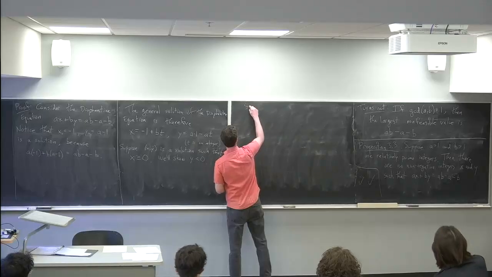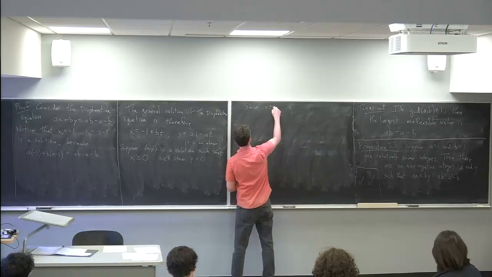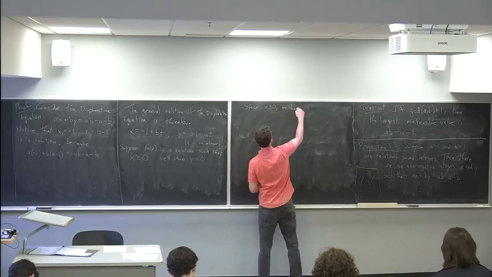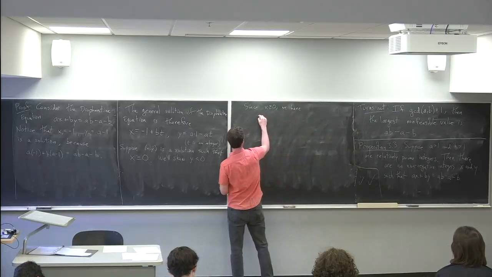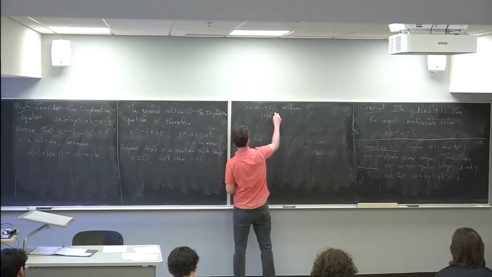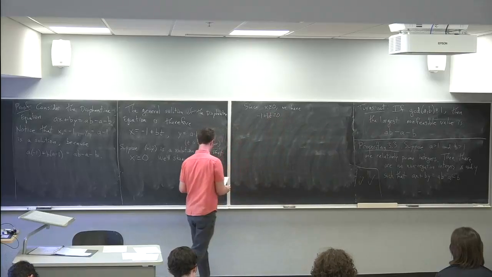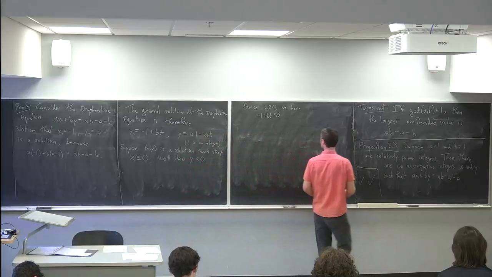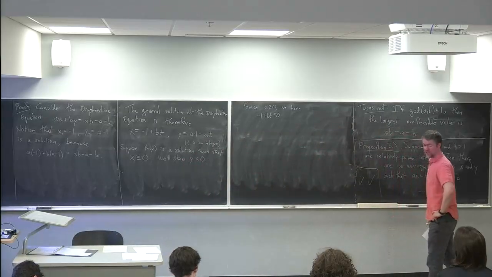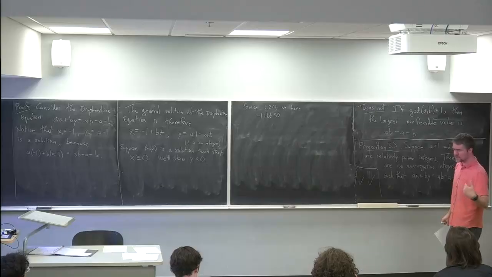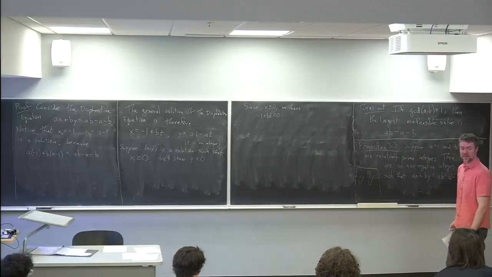Okay, so since x is non-negative, what that says is, what was x? It's negative 1 plus bt. Okay, and t is an integer. And so you're starting at -1, you're adding multiples of b to it, you get something non-negative.